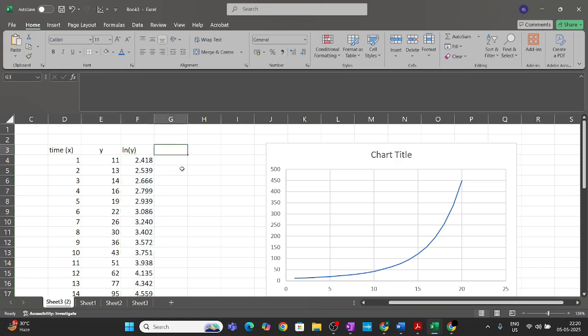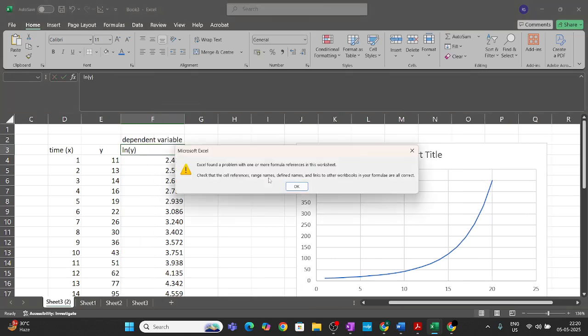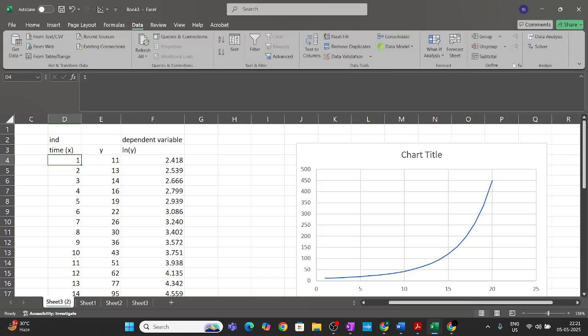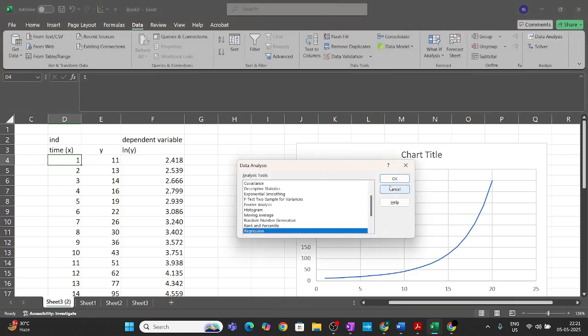Now you are going to run a regression where the natural log of y is the dependent variable and your time is independent. Right, now run a regression on. So data analysis, regression.